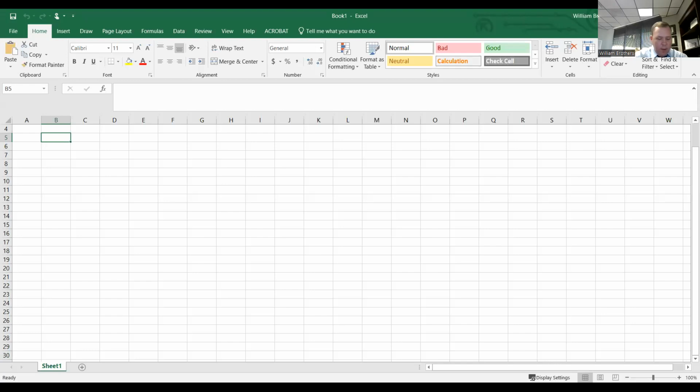Let's say I provide a service, and we'll say that I'm in a consulting business, and a person pays me on account. They haven't given me cash at this point in time. I'm going to recognize that as a debit to accounts receivable and say it's $500. I'm going to recognize that as a credit to consulting revenue.